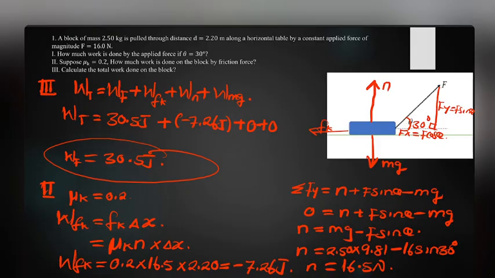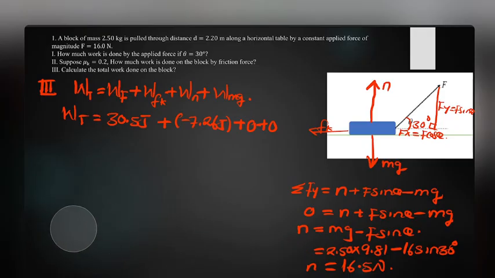So now we just need to punch this calculation. So I'm getting the total work done. So the total work done becomes 23.2 joules. So this one becomes the total work done on the block.